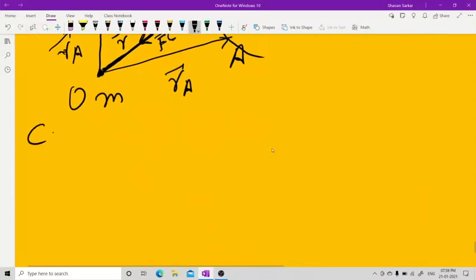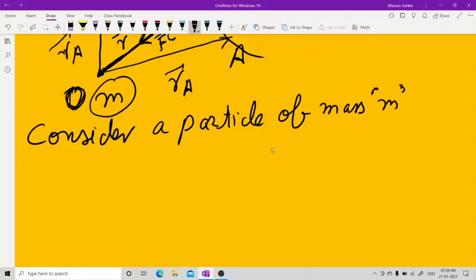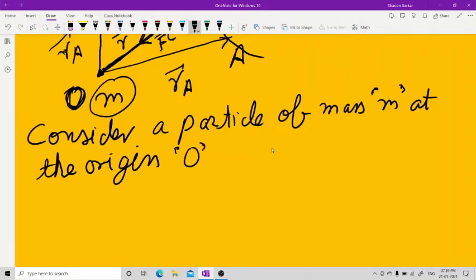Consider a particle of mass m at the origin, O. This is that O. Test mass m naught. You have to write the theory exactly the way I'm writing.